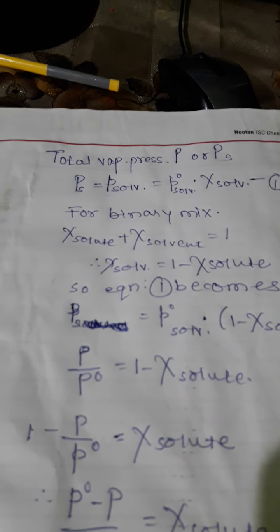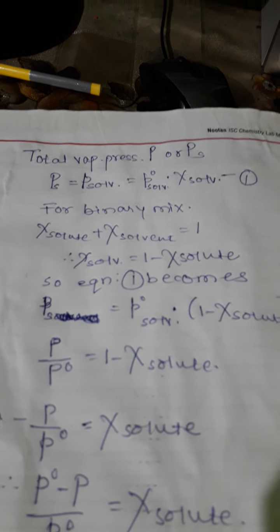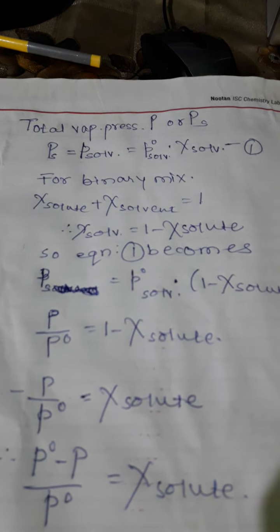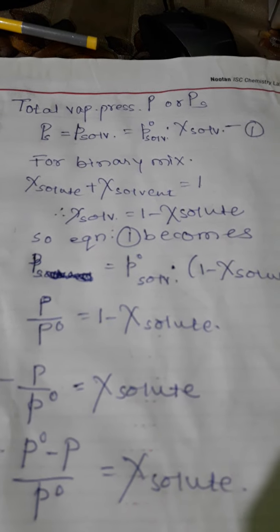Now, if the mole fraction of the solvent decreases, the vapor pressure of the solution will also decrease, because everything depends upon the solvent, not on the non-volatile solute which is added. Over here you can see that the total vapor pressure capital P or PS of the solution when a non-volatile solute is added will be equal to the partial vapor pressure of the solvent alone.